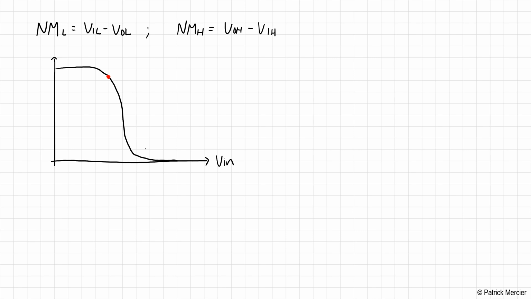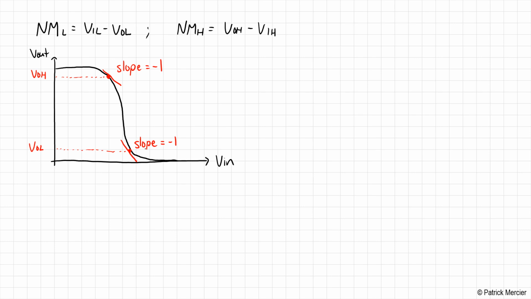We should never draw a plot without labeling the axes. The point at which the slope of this curve is equal to -1, we're going to say is VOH. And likewise over here, the point where the slope is equal to -1, we're going to say this is VOL.